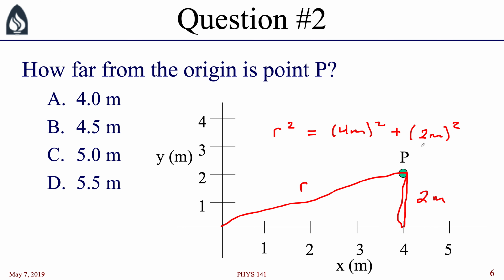And then we would have to take the square root of 4 meters squared plus 2 meters squared in order to find r. So if we took the square root of both sides, we would find an r value equal to about 4.47 meters. So if we look at the answers here and we consider rounding, the closest answer would be 4.5 meters, so we would select option B.